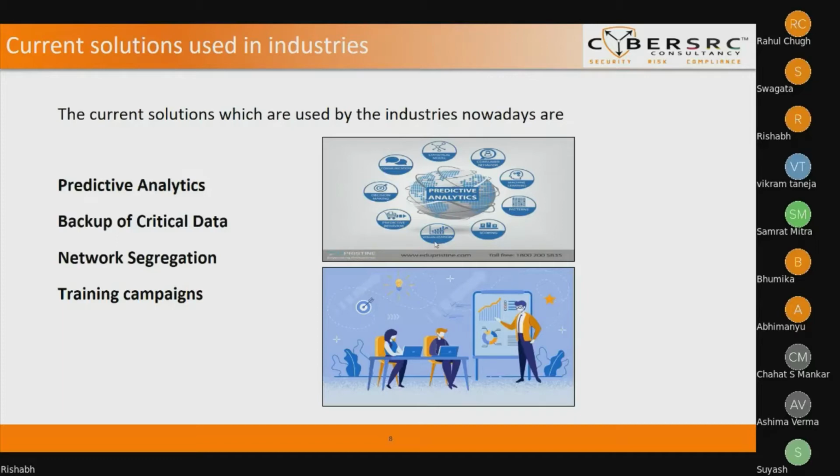We also take backups of critical data, so that if we get attacked by a cyber attack, we can directly deploy a secondary site and work again in full manner. Network segregation, where we segregate the network into smaller network segments so that we can reduce the attack surface.